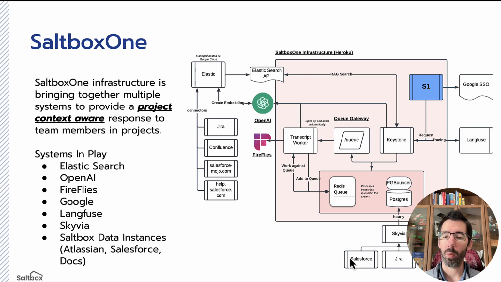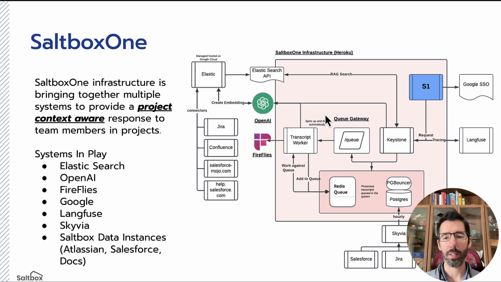And then on the bottom here, we've got Skyvia, which is our integration application, and it consumes our ecosystem of data like Salesforce, Jira, Confluence, etc., and brings it into Postgres, which is our database layer. We have that within Heroku, and it's connected to all of our apps and applications.